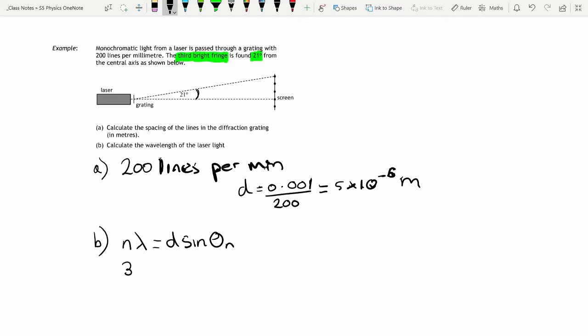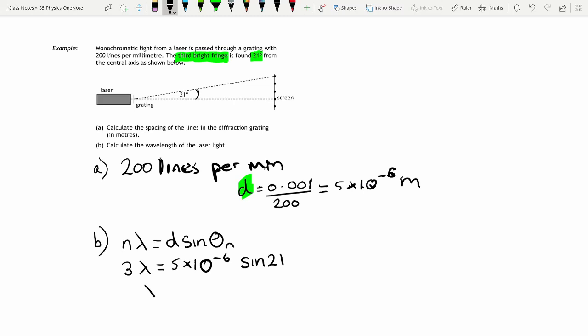So n is 3, times the wavelength equals d, which is what we found out in part A, so 5 times 10 to the minus 6 times sine of the angle at the third bright fringe, which is 21.